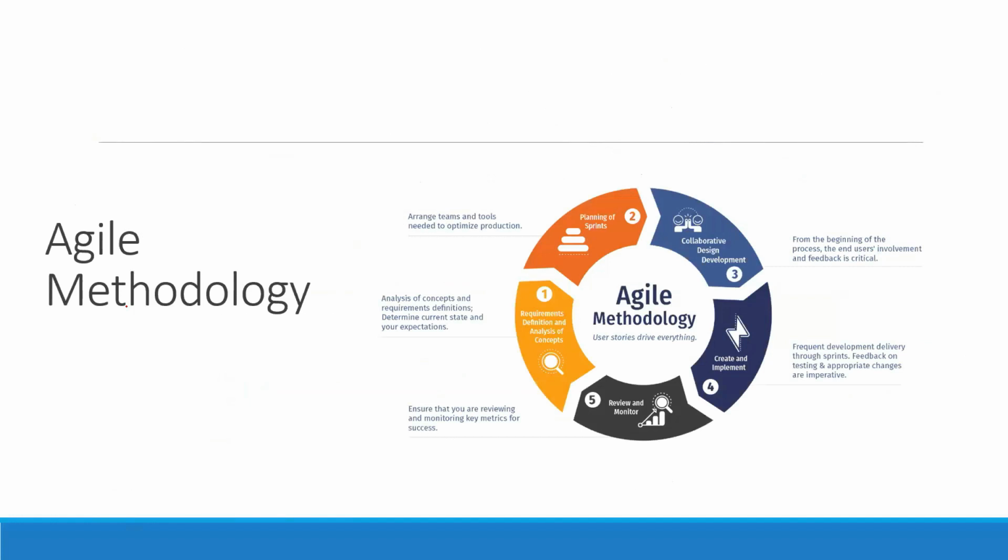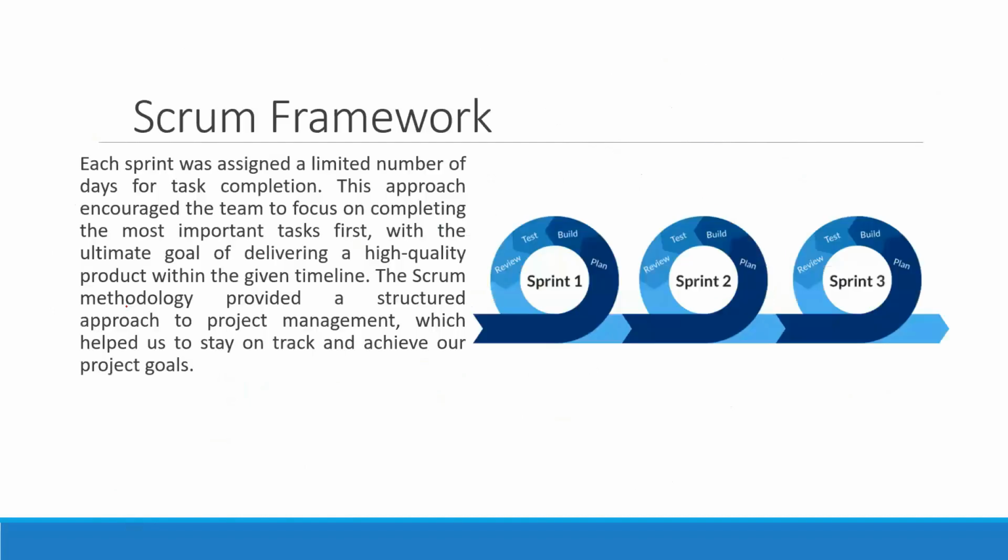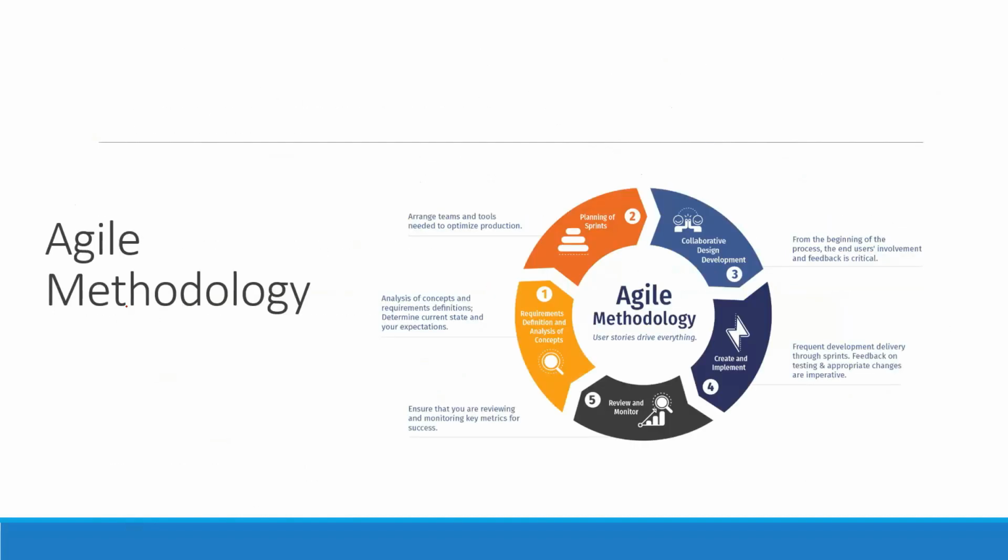The Scrum framework I have followed: sprint 1, sprint 2, sprint 3. In sprint 1, I just created a small blueprint: this is the problem, and this can be a solution to this problem.